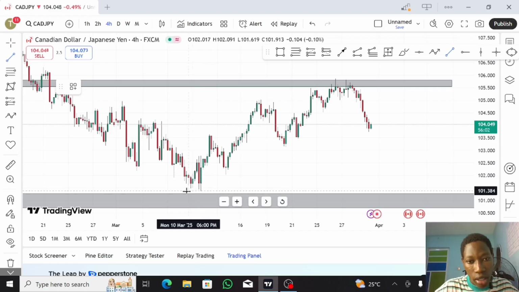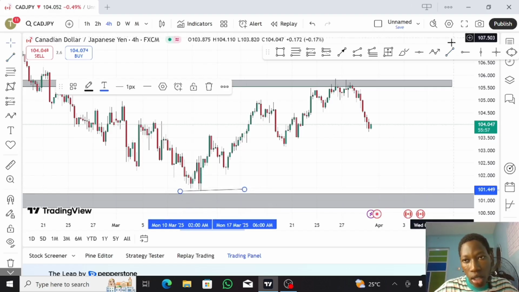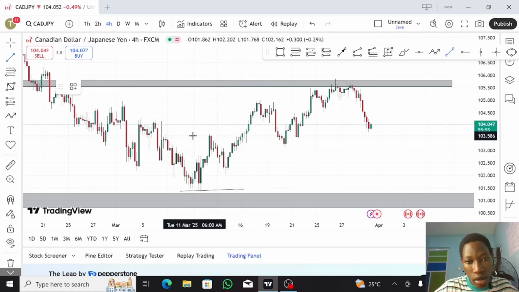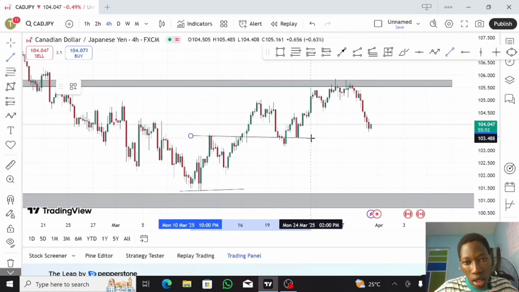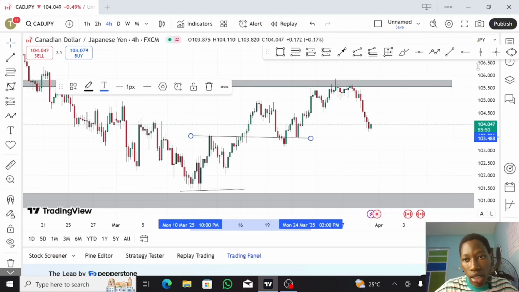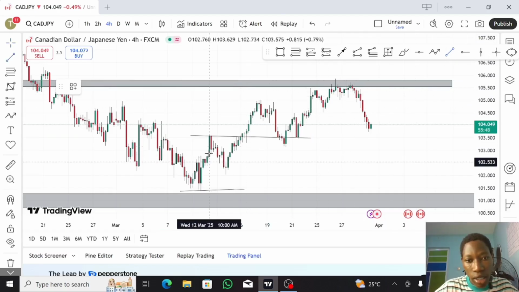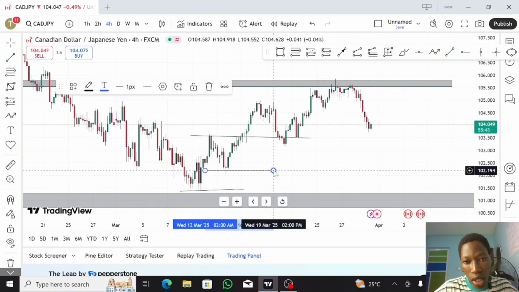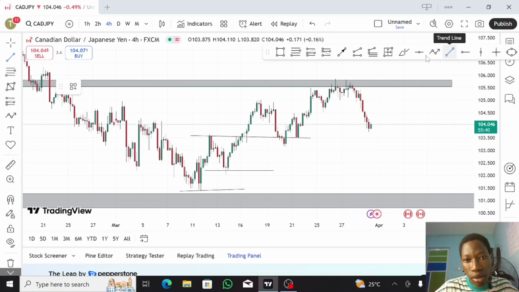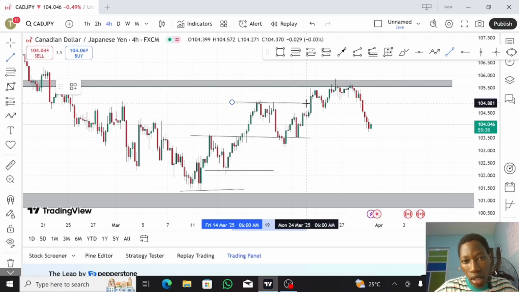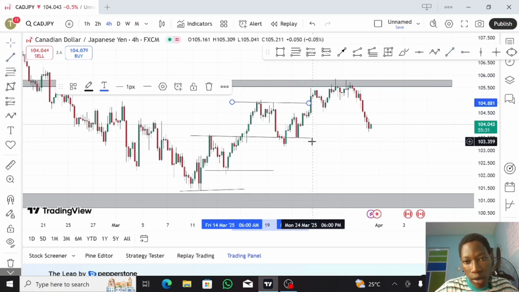Here is point A, here is point B, and from point B to C, here is point C, and here is point D. So this point now is point E. Here is point D. This is the same point, right?